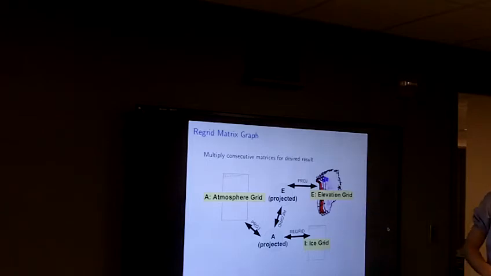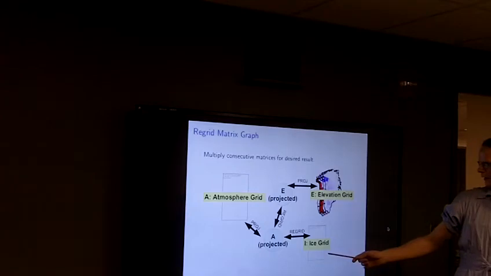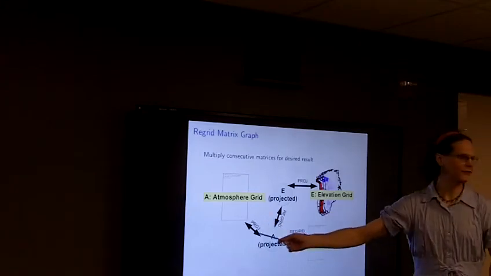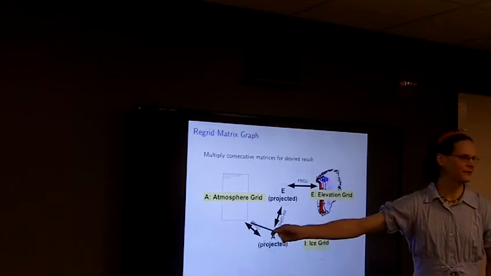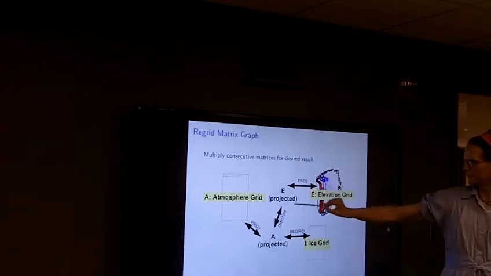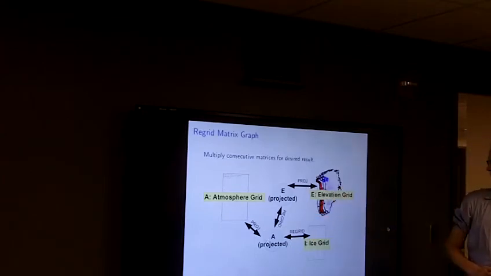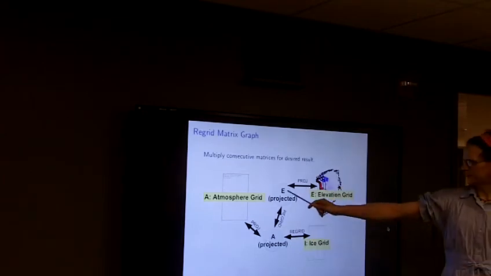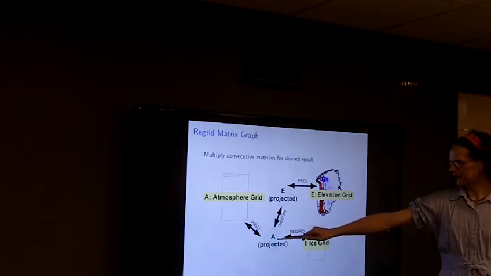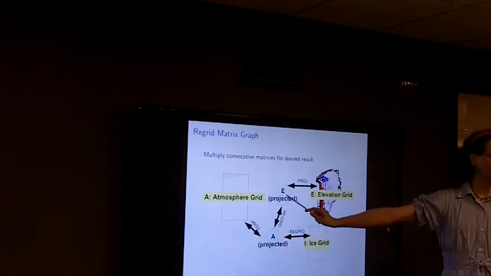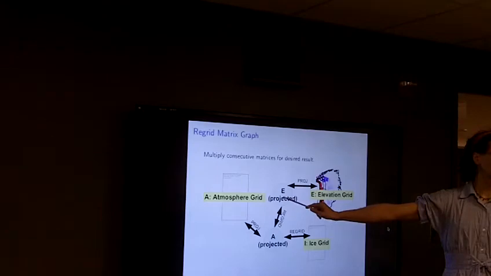Now we have 5 grids, and what regridding matrices do we know how to make? Well, we know how to make these projection matrices. They're just diagonal matrices. There are 2 projection matrices we make.